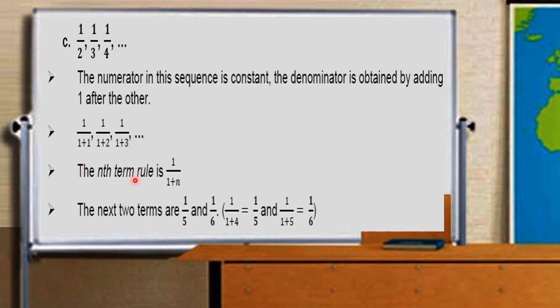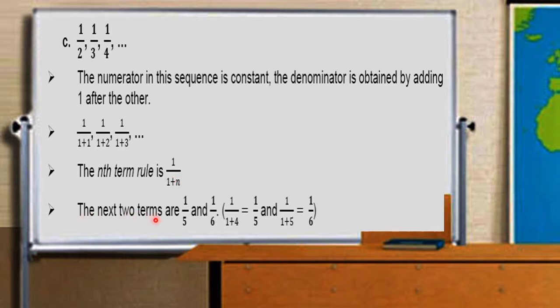So, the nth term rule is 1 over 1 plus n. Tandaan natin, itong n, ito yung mga counting numbers natin. Si n ay variable. Kapag ka-variable, ito ay nagbabago ng value.